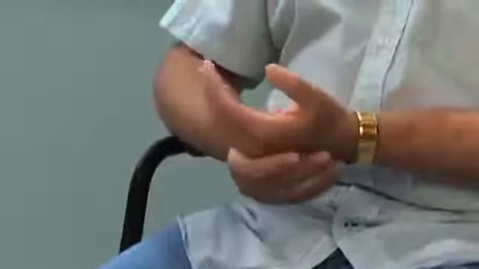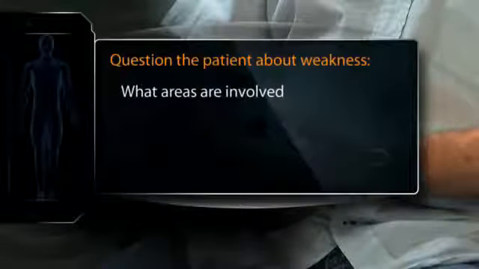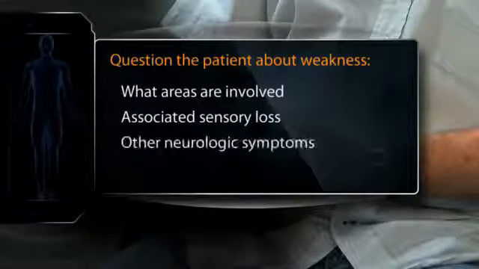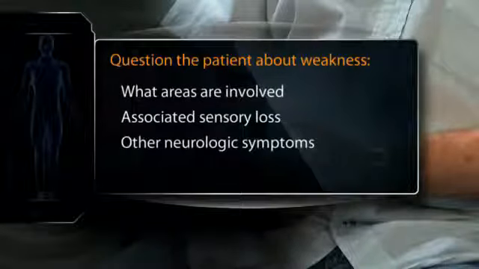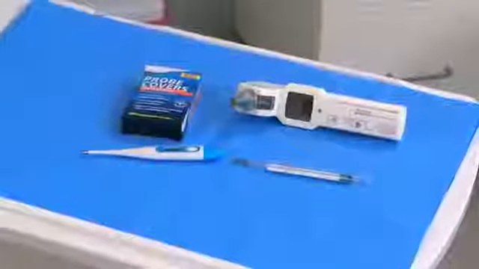Weakness is different from fatigue. Weakness denotes a demonstrable loss of muscle power and bears careful investigation. Question the patient as to what areas of the body are involved and any associated sensory loss or other neurologic symptoms. Fever refers to an abnormal elevation in body temperature.